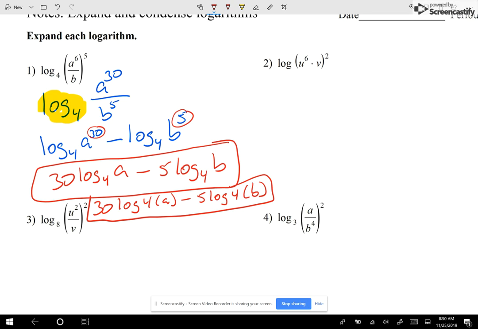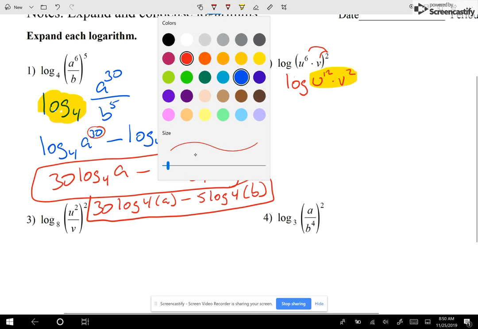First of all, no parentheses. So I'm going to call this a logarithm of u to the 12 times v to the 2. Remember, the exponent on the outside, I multiply it to the exponents on the inside. Now, I see multiplication. Let me split that into addition.